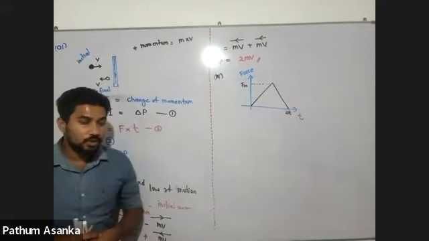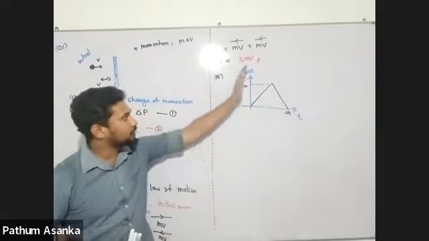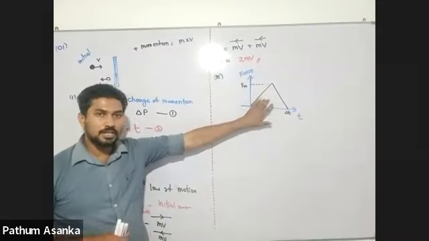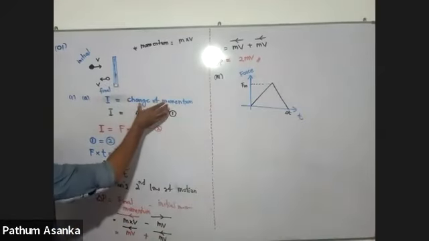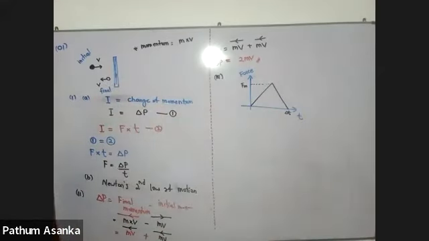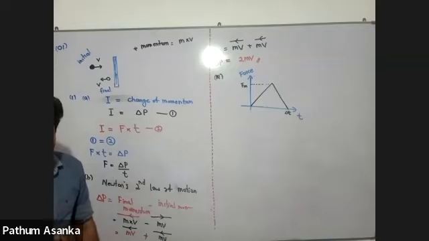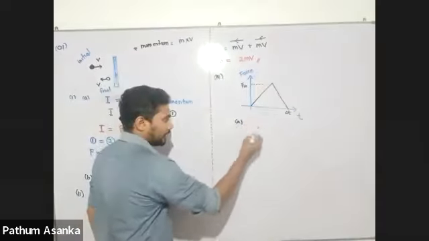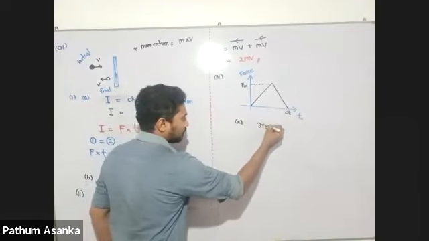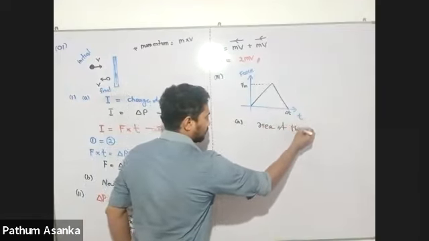Normally, if we draw a graph with time and force, the area of this graph represents the impulse, or the change of momentum, right? So, in the first question, how do we find the impulse acting on the molecule from this graph? The answer should be by obtaining the area of this graph.